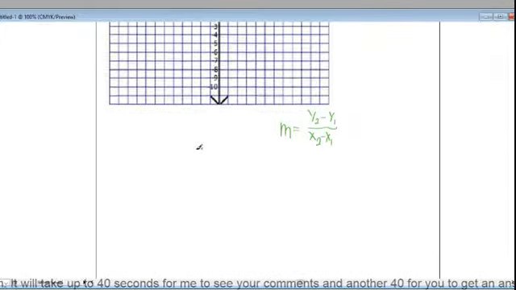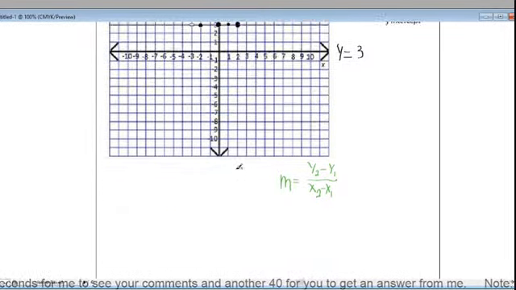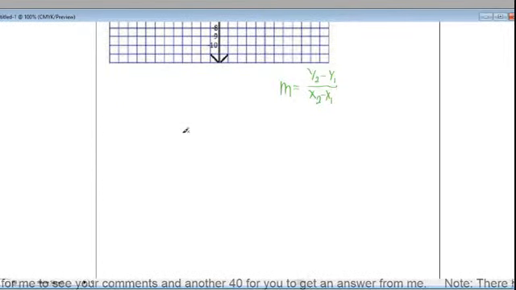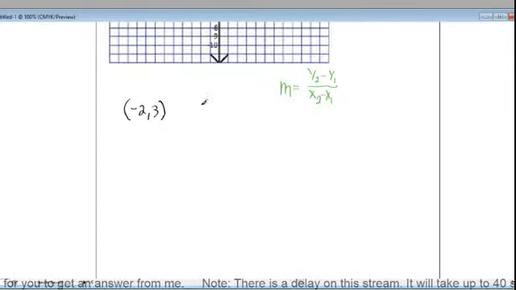Okay, so let's just take 2 random points from here. Let's say -2, 3, and 1, 3. Doesn't matter what points we choose, any of them will work. So again, we're going to choose -2, 3. And our second point was 1, 3.